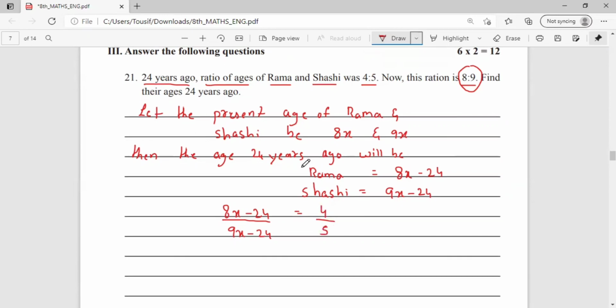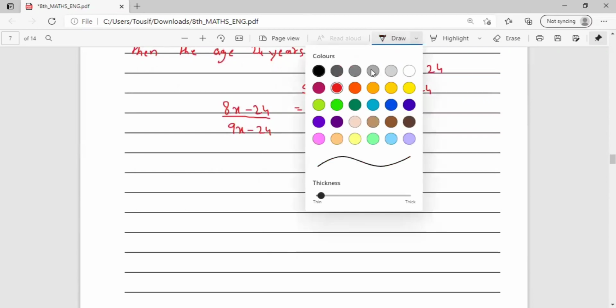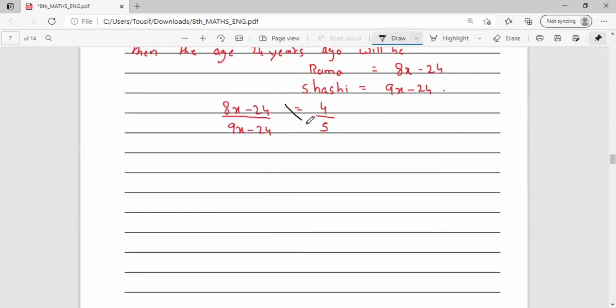Let us solve by cross multiplying: 5(8x minus 24) is equal to 4(9x minus 24).